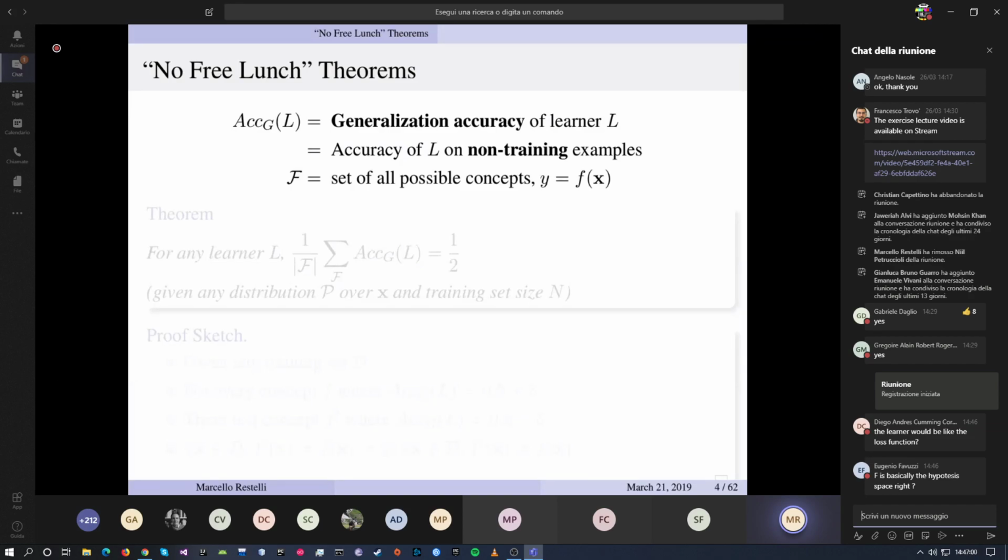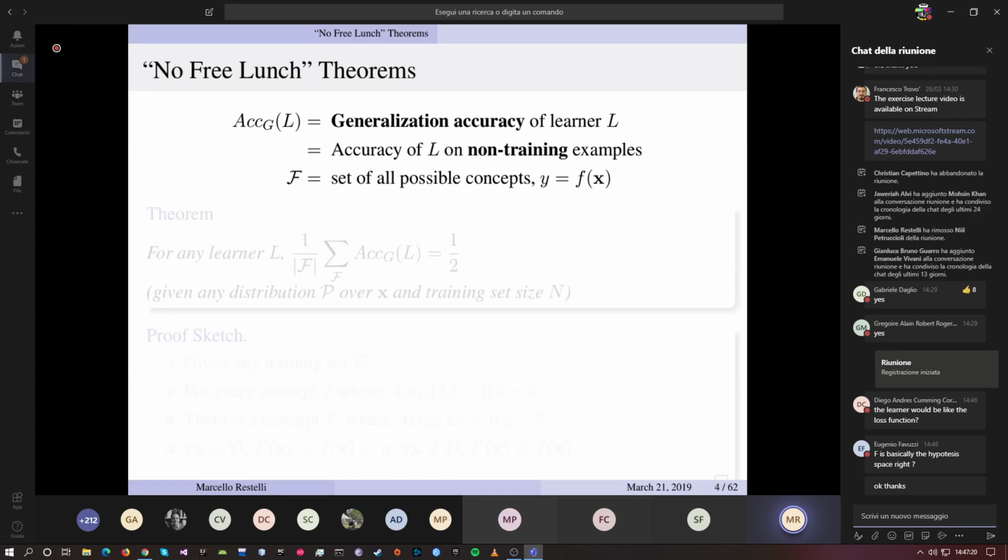Is F basically the hypothesis space? No, it is more. F is the space of all the possible hypotheses, not only the one used by your learner, but the space of all the possible functions. If you recall the plot in the very first lecture, it was the space of all the functions, and then the hypothesis space is a subspace where you search for the best hypothesis. Okay? So F is the space of all the functions.